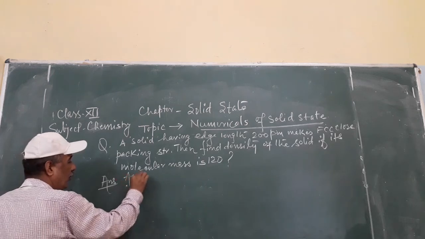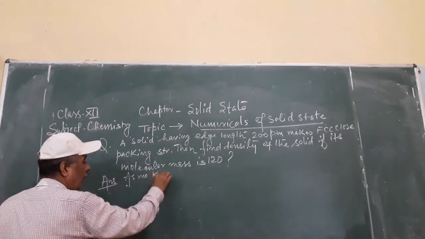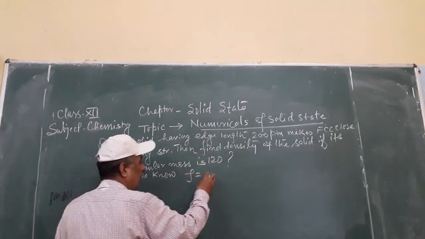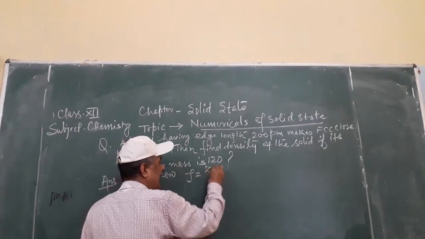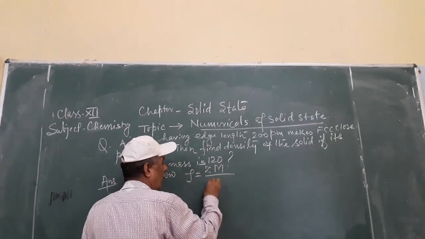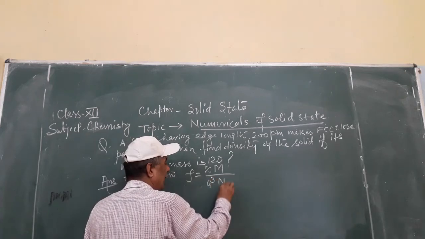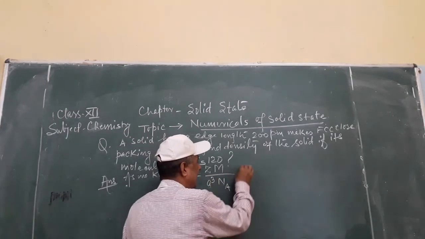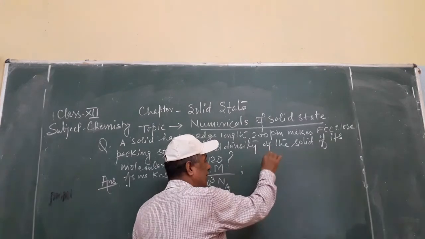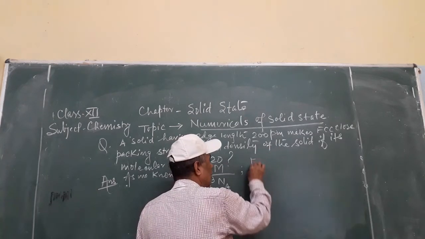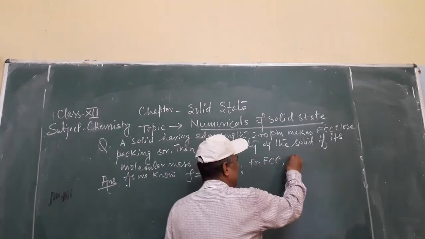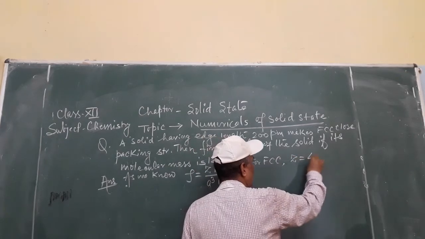As we know, rho is equal to Z M upon a cubed into NA. Since it is FCC, for FCC Z is equal to 4.